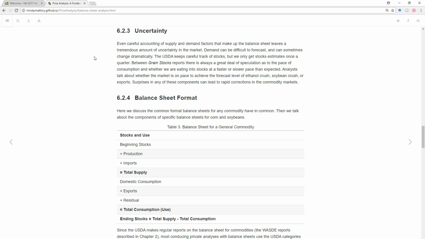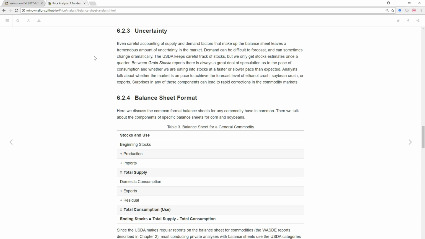And so if you start following these markets, you'll notice that sometimes, and particularly in years where we're quite a bit above or below trend yield in particular, those estimates can change pretty dramatically from month to month.